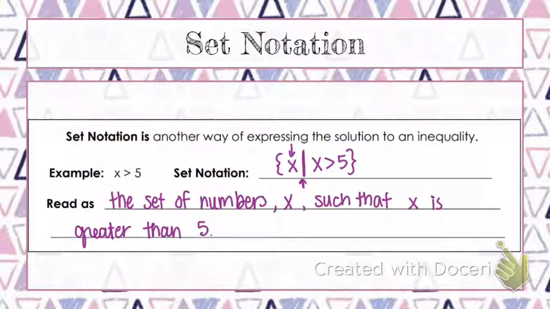Okay, so this means that the answer is the set of numbers called x as long as x is greater than 5. And I know that's kind of weird. It's odd to read it that way.